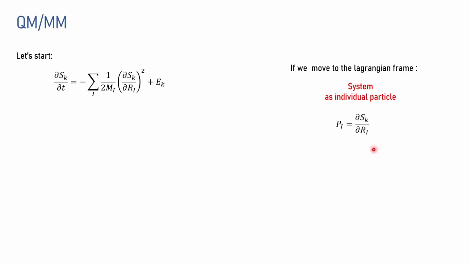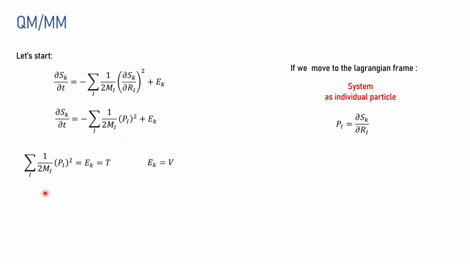If we substitute this momentum into our first equation, we will have this term, and the sum of all the 1 over 2m times p squared is the kinetic energy. In some references they denote the kinetic energy as Ek, but because we have Ek here, we will denote the total kinetic energy as T, and we will change this Ek to V, the potential energy.